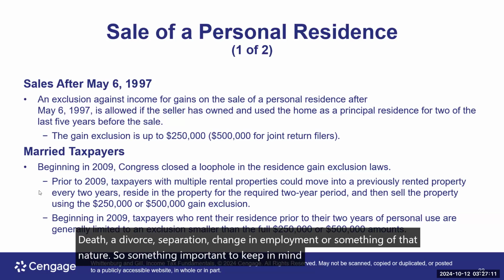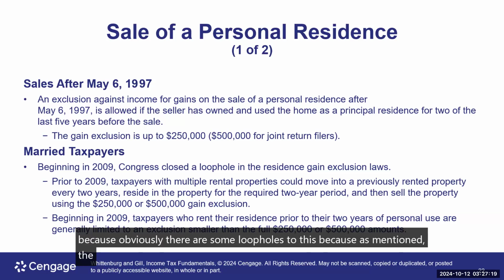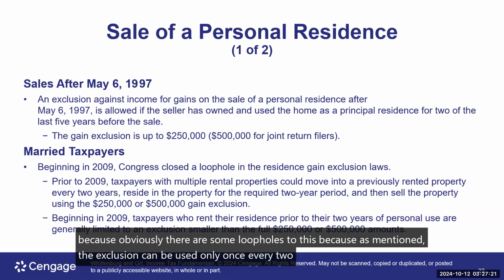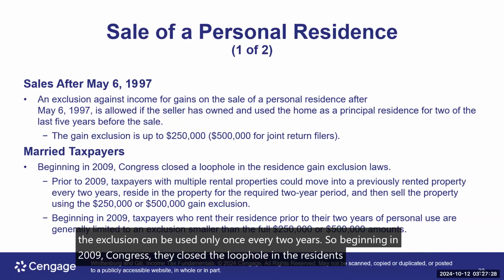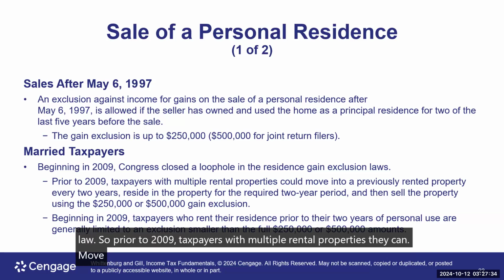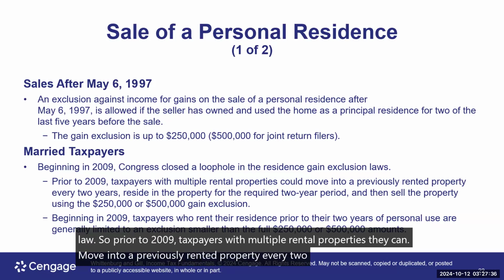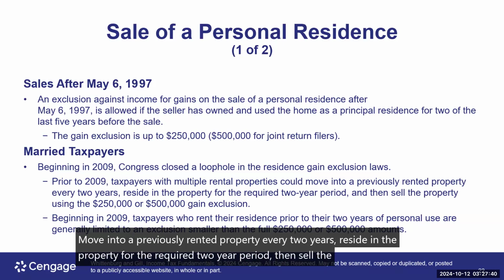Beginning in 2009, because obviously there are some loopholes to this, because as mentioned, the exclusion can be used only once every 2 years, Congress closed the loophole in the residence gain exclusion law. Prior to 2009, taxpayers with multiple rental properties could move into a previously rented property every 2 years, reside in the property for the required 2-year period, then sell the property using the exclusion.